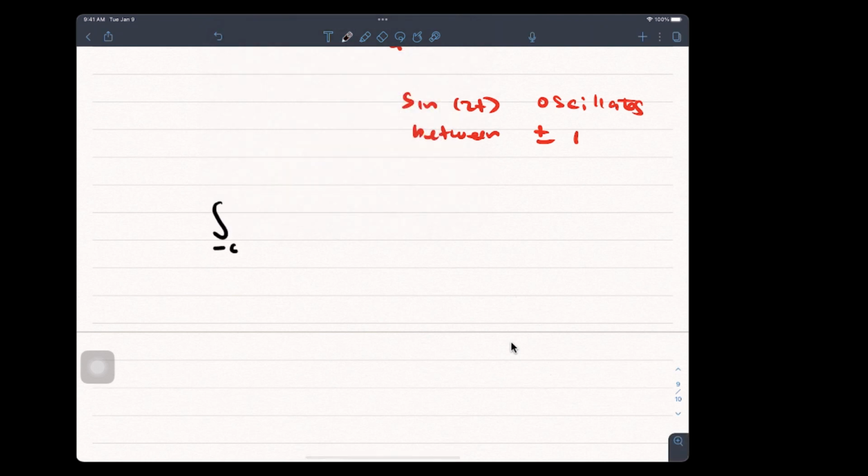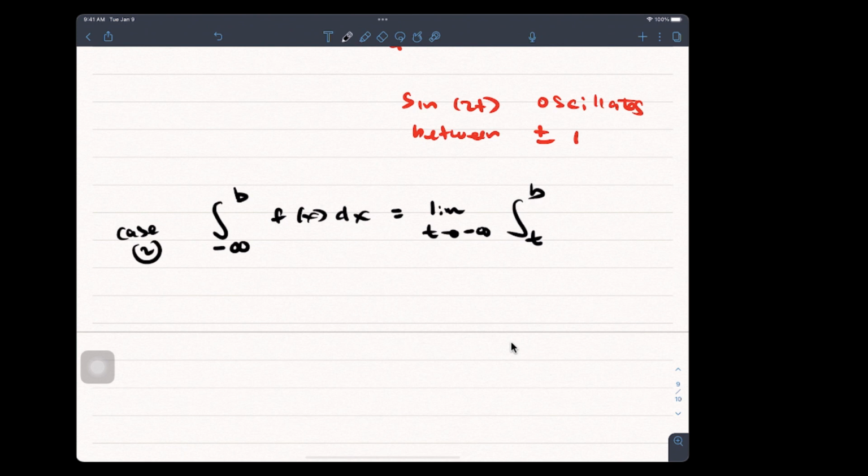And then the case 2, you say, what about the definition of case 2 now? Well, it's very similar. This is going to be the limit now for case 2. T goes to minus infinity. We're going to go from t to b.